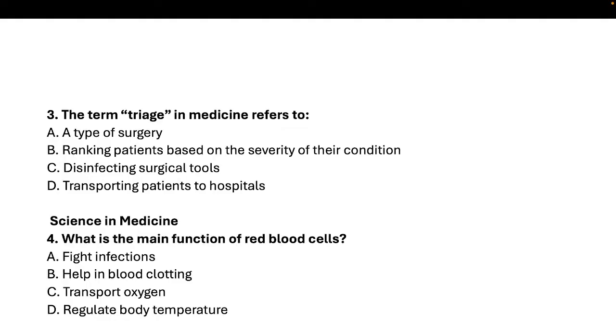So when patients come to the hospital, especially in accident and emergency, we essentially divide the patients. We rank the patients with different colors depending on the severity of the condition.